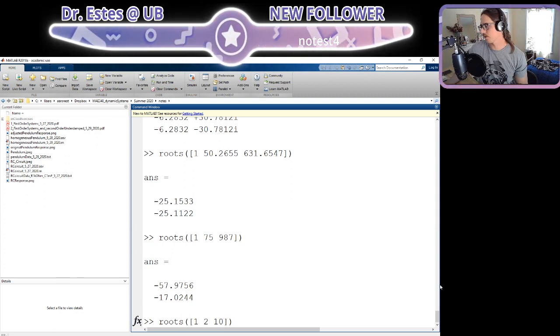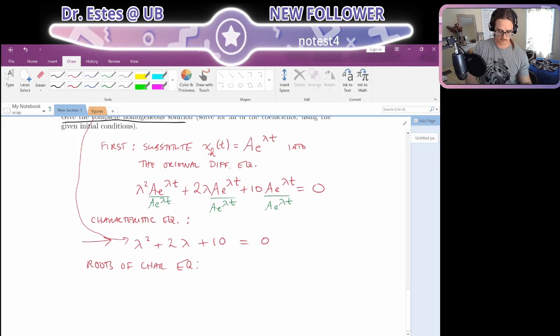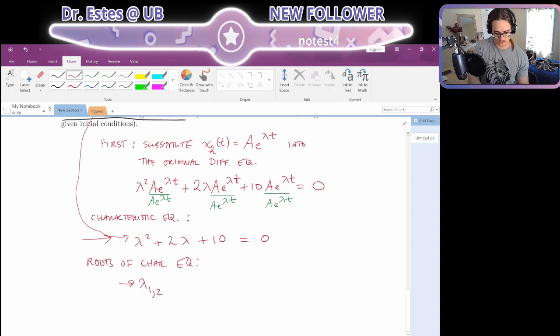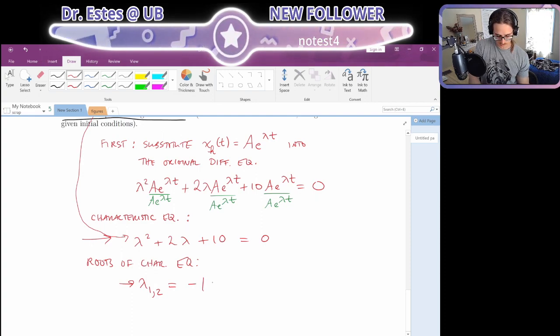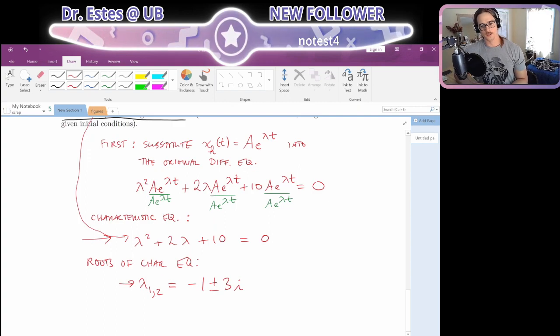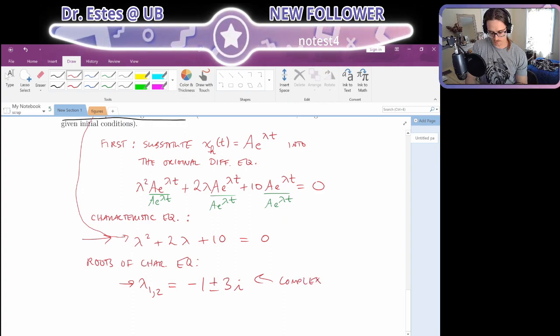That's how you write that polynomial in MATLAB language. So the roots are -1 plus or minus 3i. So there's 2 roots. I'll call them lambda 1 and 2 equals -1 plus or minus 3i. We call this a complex conjugate pair of roots.